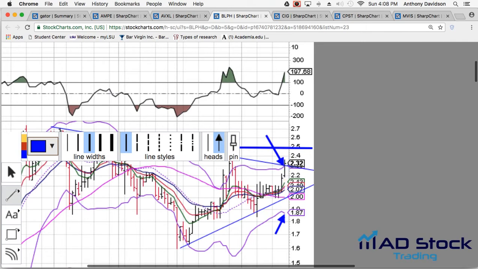Well, anyways, it's going up, right? So we're riding the top Bollinger Band, and we're going up, right?